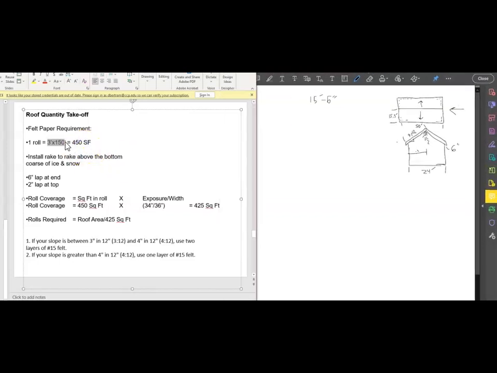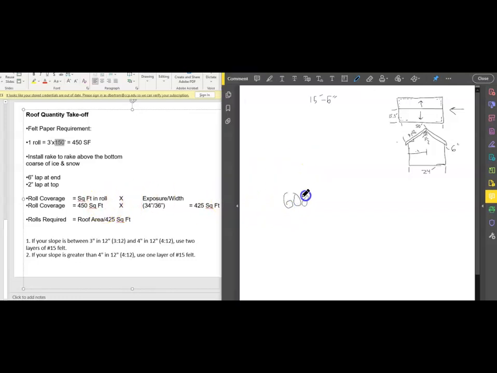Let's pretend that we're getting rolls that are 200 linear feet. So we would come here. So square feet in the roll. If that was 200 and they are 3 feet tall, that would be 600. So 600 square feet right there. And then the exposure divided by the width. The width is 36 and the exposure. Here it's just a 2-inch overlap. So let's pretend like I wanted it to be a 4-inch overlap.